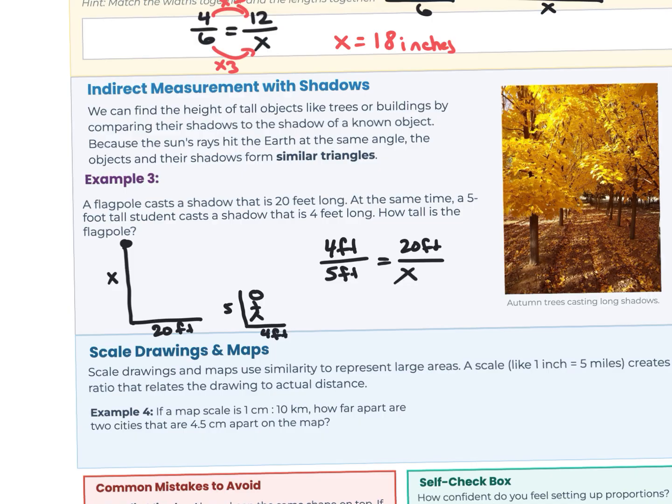So once again, we can use cross products, we could use scale factor, whatever works best for you. Once again, these numbers are really nice, so I'm just going to make this easy and use that scale factor, and I know that it's times 5. So here, because 4 times 5 is 20, 5 times 5 is 25. So the height of our flagpole would be 25 feet. If you did cross products, it would have just been 5 times 20, which is 100, is equal to 4x. And if we do 100 divided by 4, also 25.